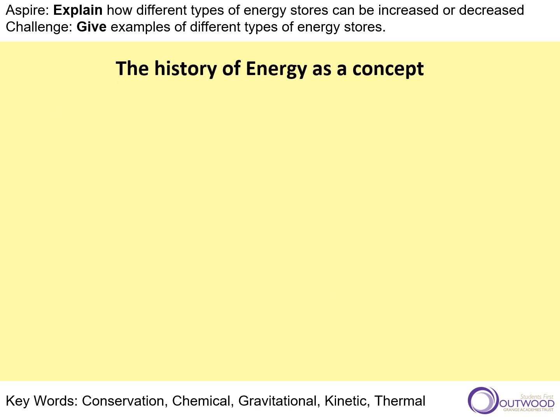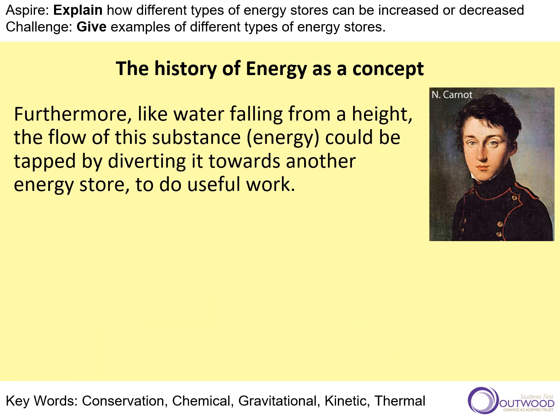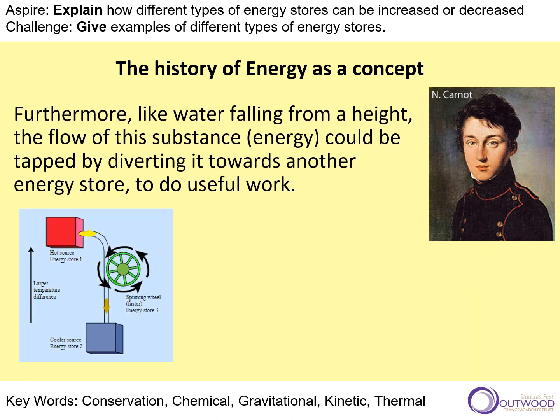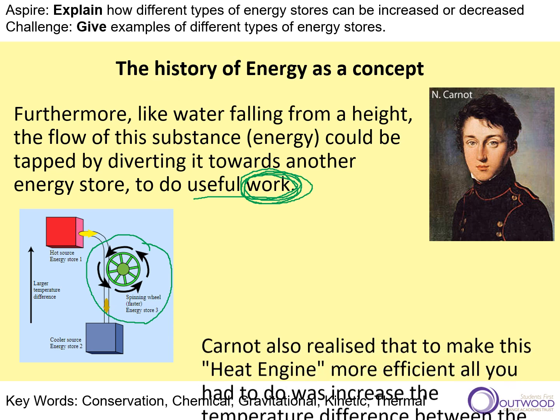However, Carnot went one step further. Not only, and going back to the same image, not only did he realize that energy, or the flow of the substance, could be tapped by diverting it. So, going back to this image, we could use it for the spinning wheel to do useful work, and you may have come across that term, but the idea of doing work is using your energy in a more useful capacity.